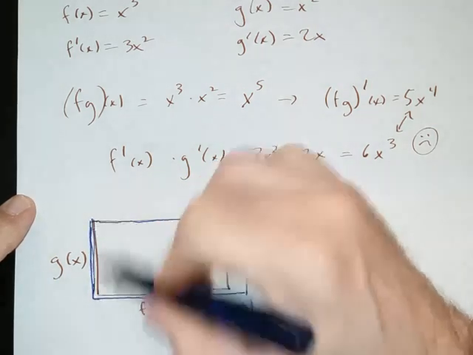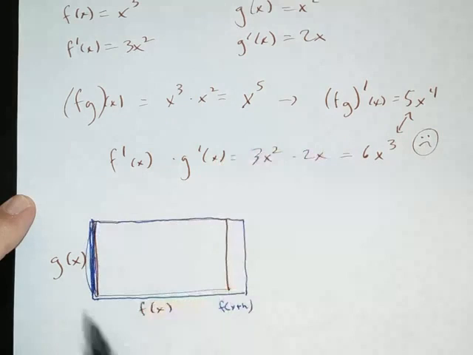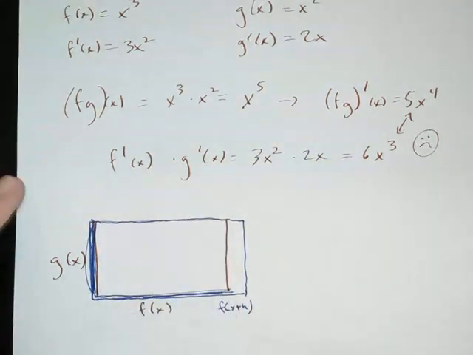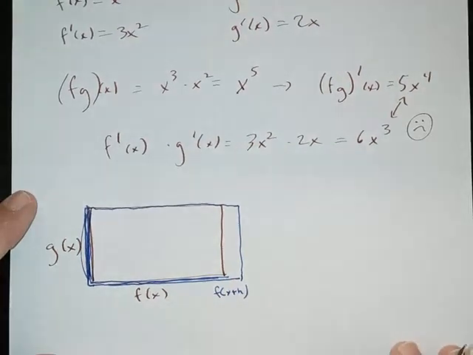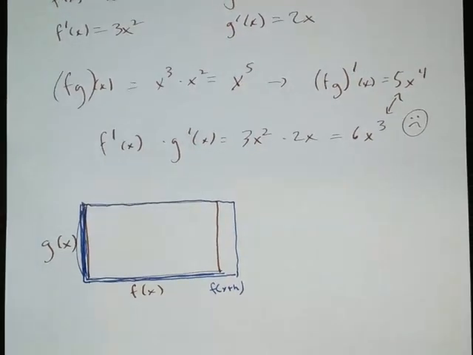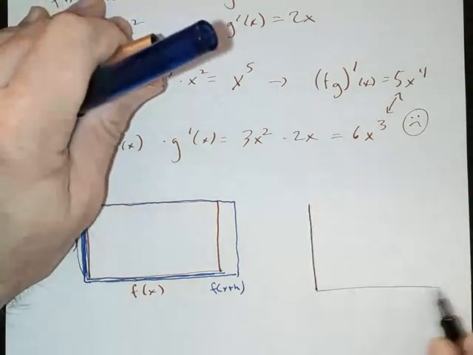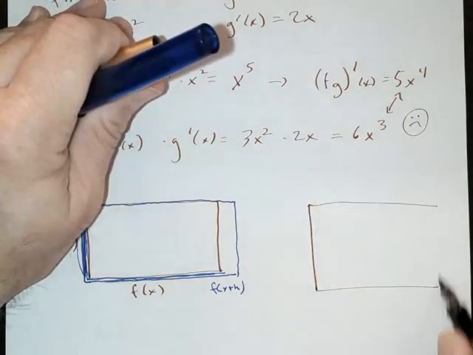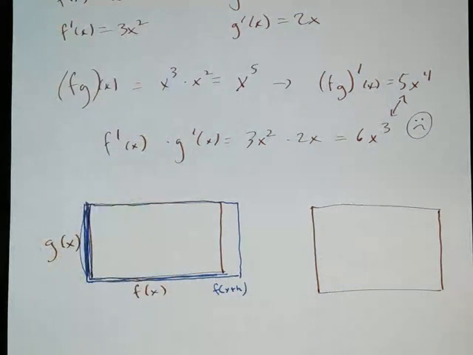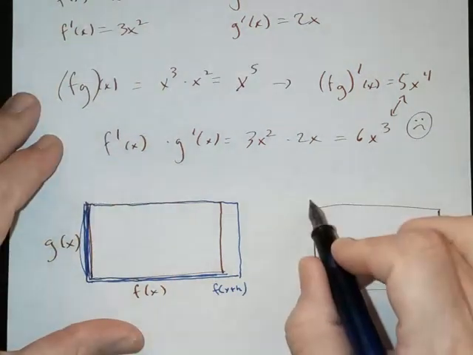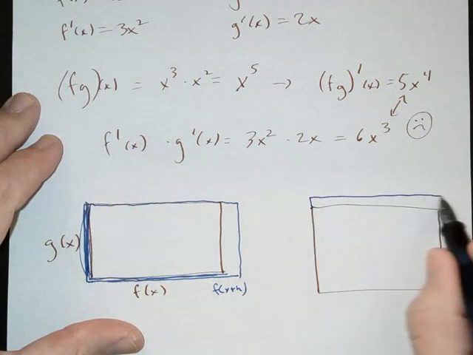This should actually line up here, so those should be connected. This screwed up the box. Stop. Let's try this again. I want the box to be bigger on two sides. So we'll make it a little bit bigger on this side and a little bit bigger on this side.